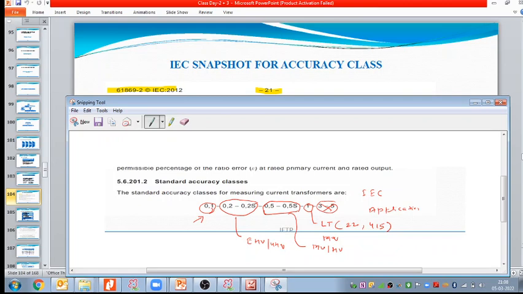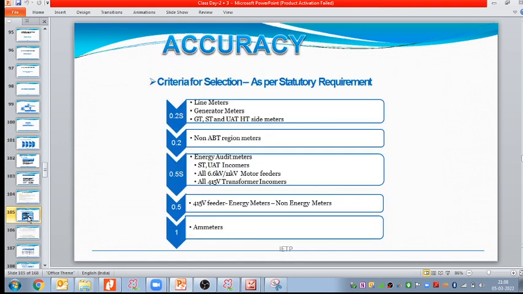Similarly, we have some other selections also based on other applications. For the ammeters in the LT class 1, for the 415 voltage feeder energy meters, non-energy meters, 0.5 we can use.